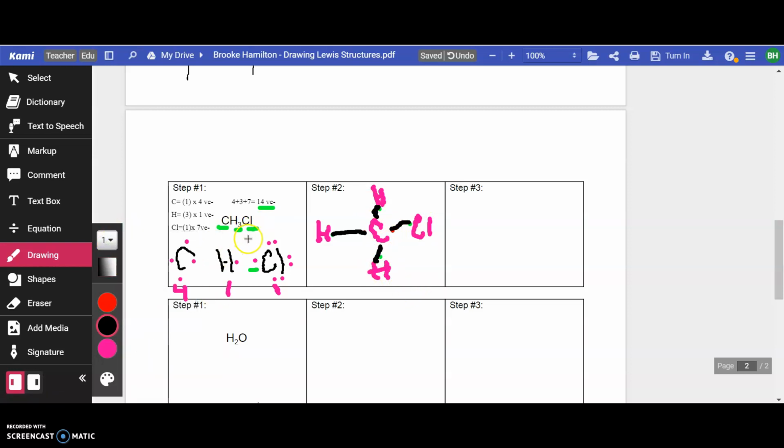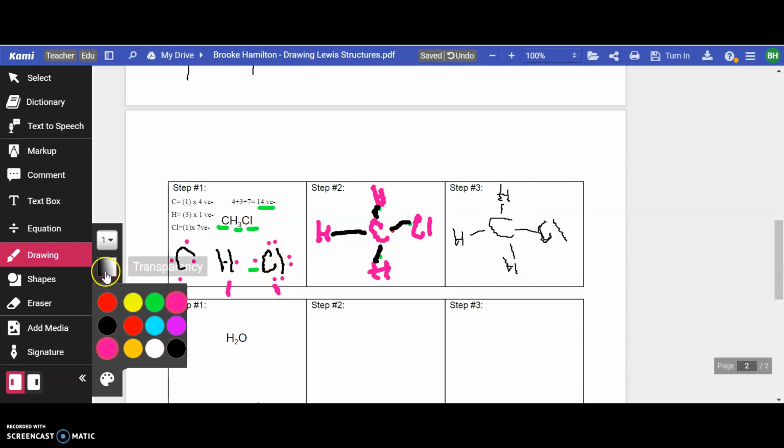Now we're going to add our lone pairs, keeping carbon in the middle. So we have 3 hydrogens, our chlorine, and our carbon. We have 1, 2, 3, 4 bonds already, and chlorine has 3 lone pairs that we have to add on the outside.